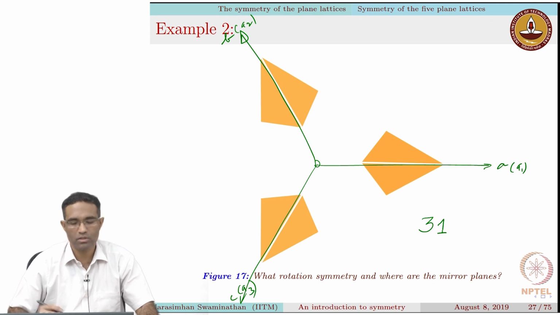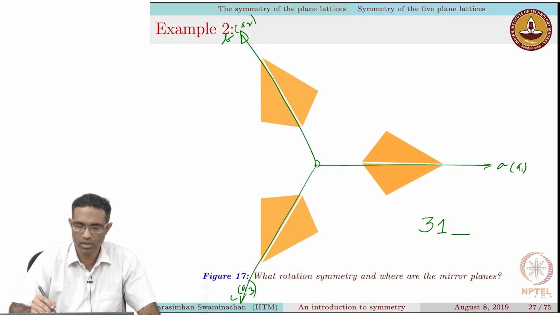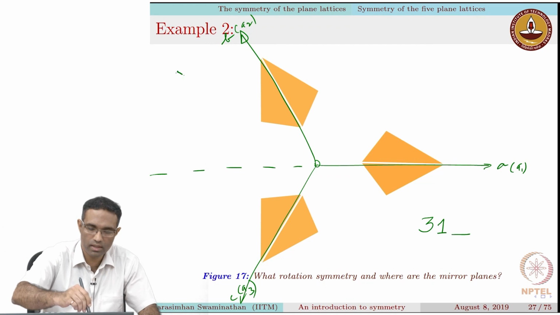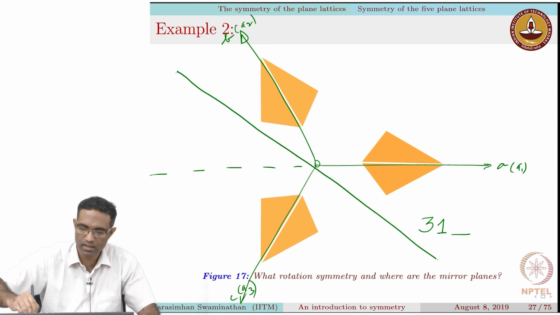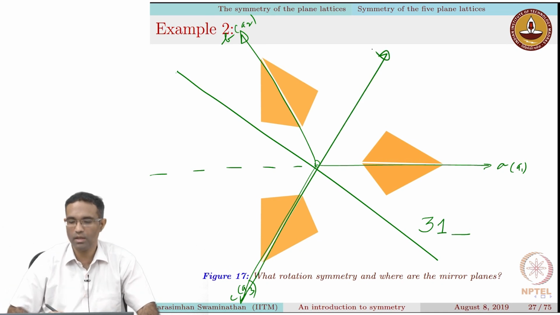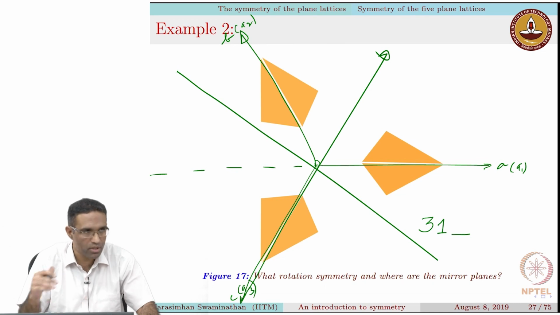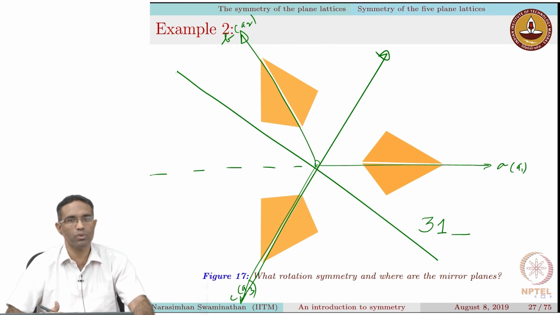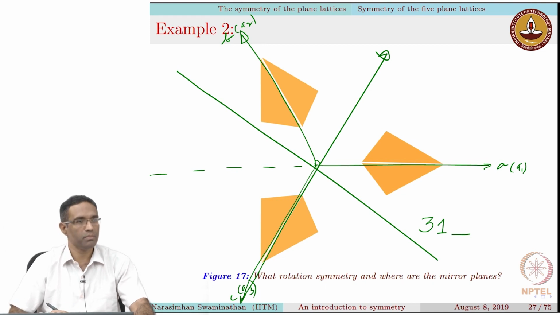The next slot will be for a mirror with the ones that bisect these axes. So essentially the A1, A2, A3 axes themselves, there are normals along those axes, and we clearly see that it is present. Therefore the point group for this particular pattern is 3, 1m.